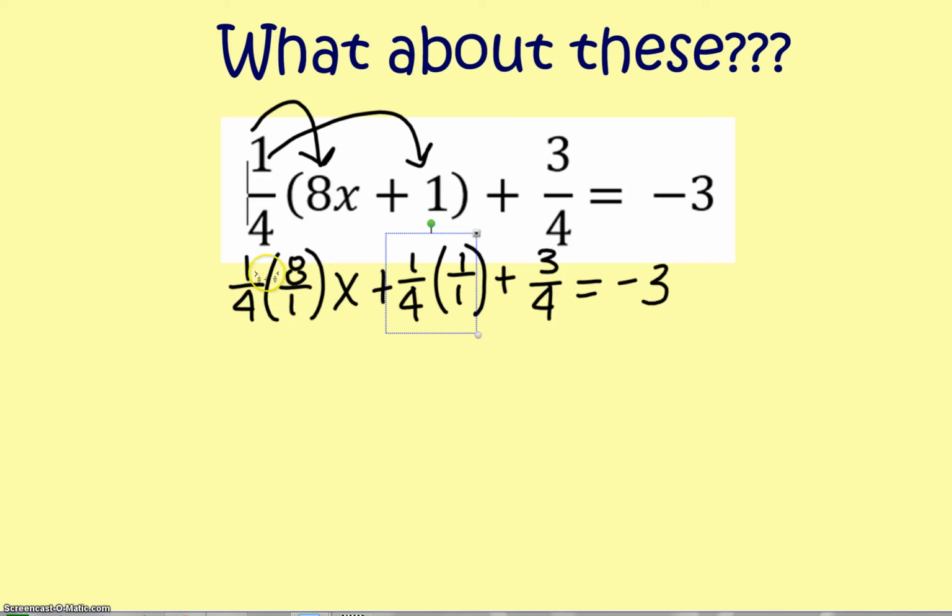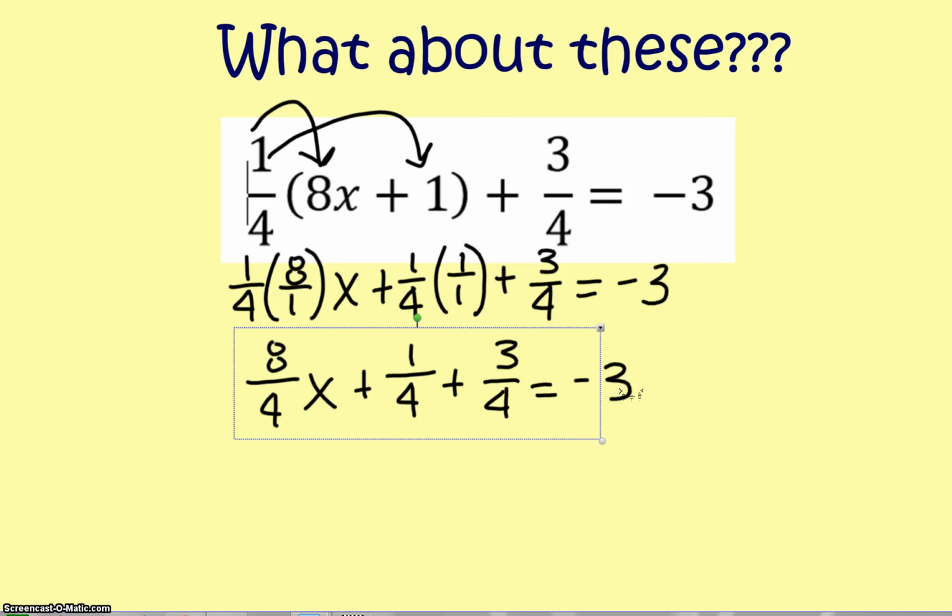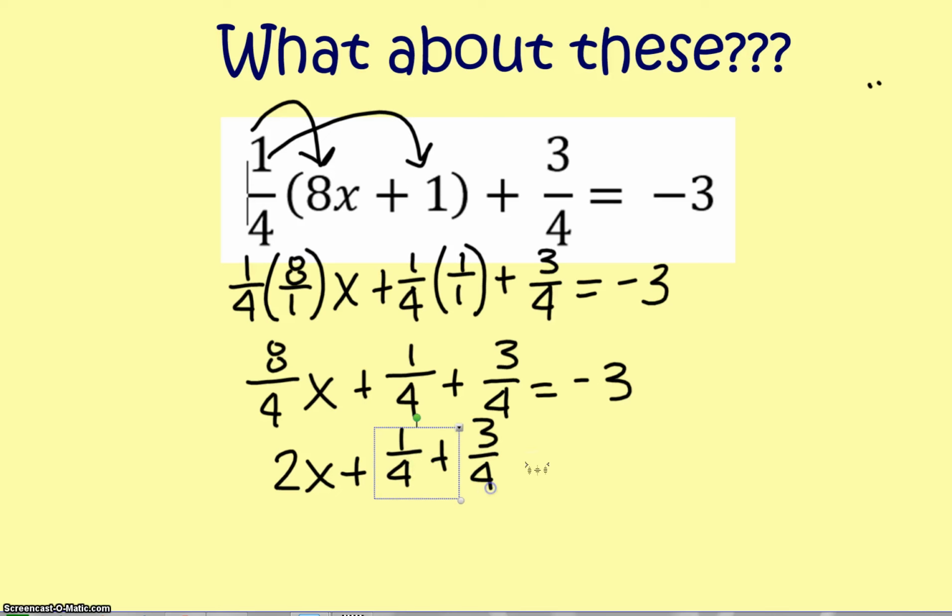So do the math now. 1 times 8 is 8 over 4 times 1 is 4x plus 1 times 1 is 1 over 4 times 1 is 4, plus 3/4 equals -3. Now simplify your fraction. 8 divided by 4 is 2x plus 1/4 plus 3/4 equals -3.